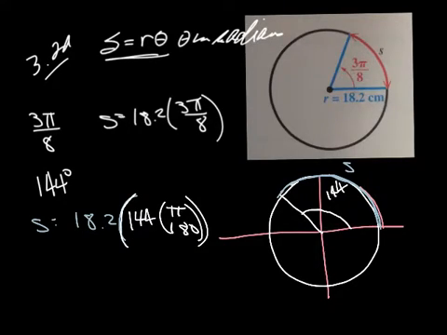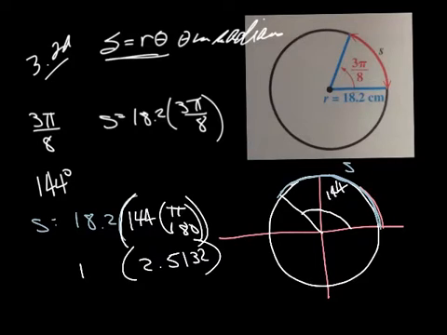So what we'll end up doing is multiplying 144 times pi, divided by 180. Okay, that equals 2.5132.